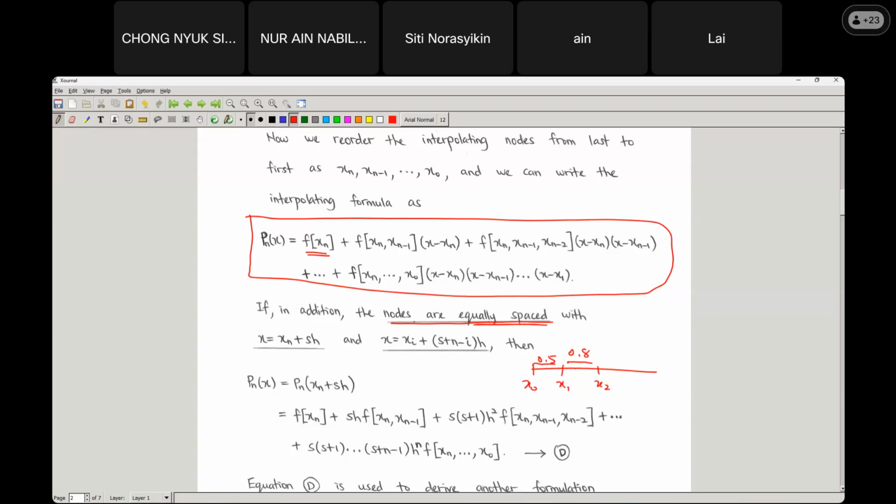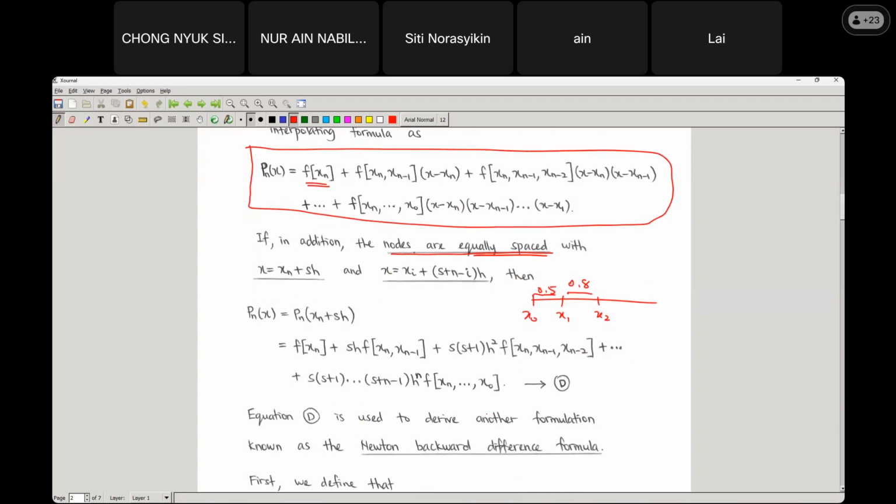Then we know that this is not equally spaced. If not equally spaced, we cannot use this formula. We can only use the following formula, equation D, provided it is equally spaced. If it is not equally spaced, we cannot use equation D.